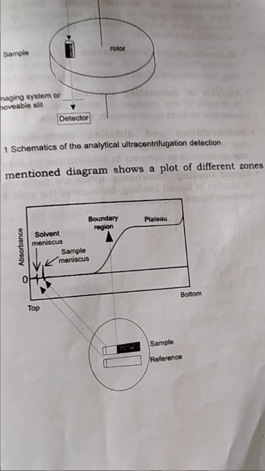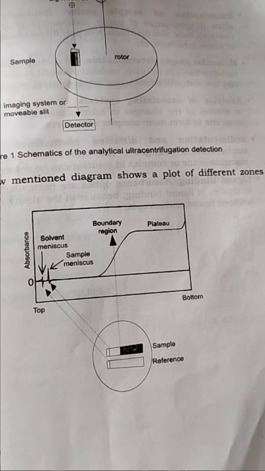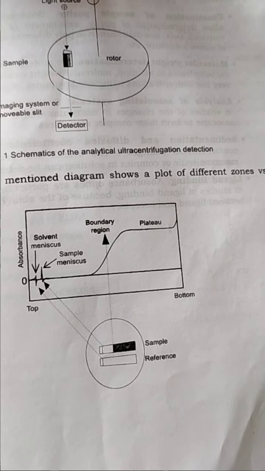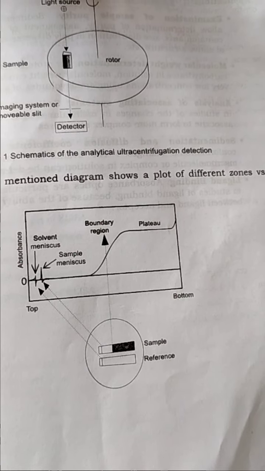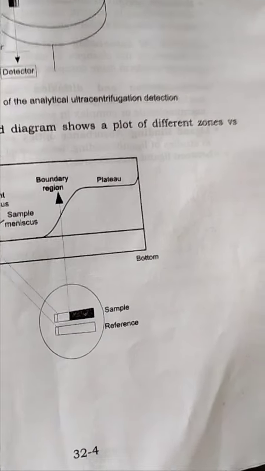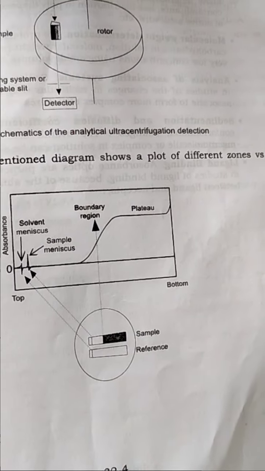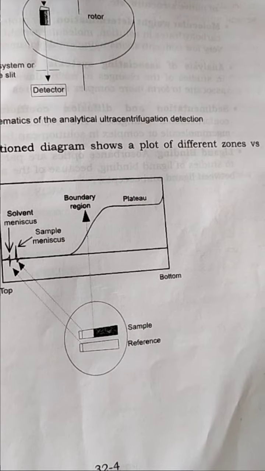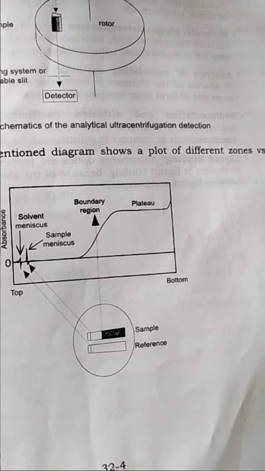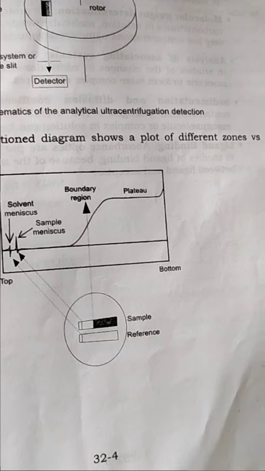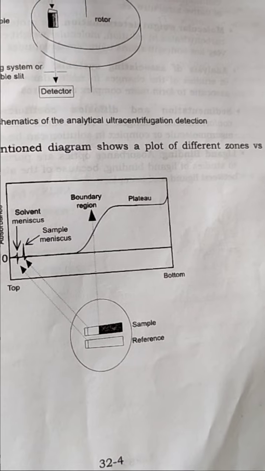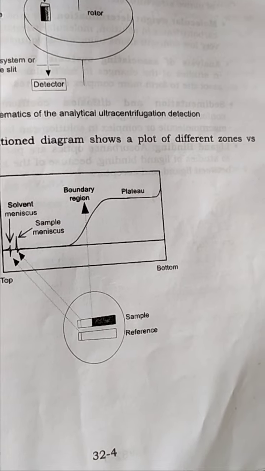The advantage of this method is that we can separate a wide molecular weight range, from several hundreds to several millions. For example, sucrose, proteins, carbohydrates, nucleic acids, and several large molecules can be separated by this method. The substance should have a different absorption index compared to the solvent.